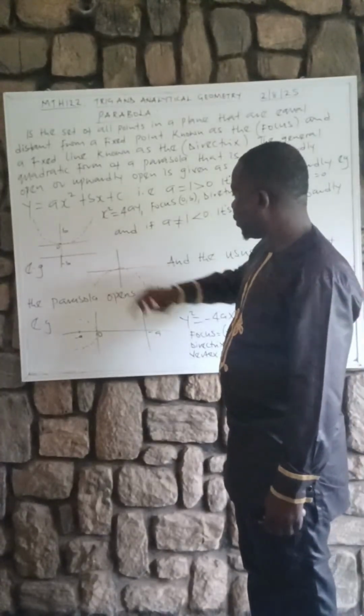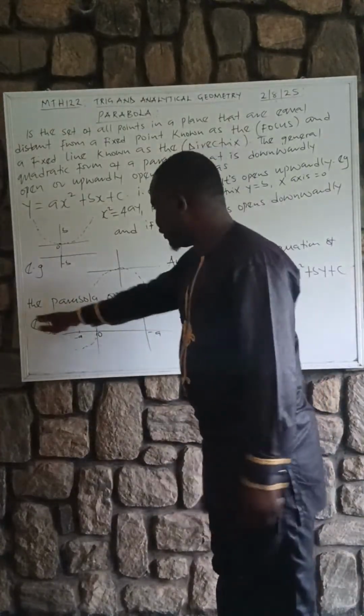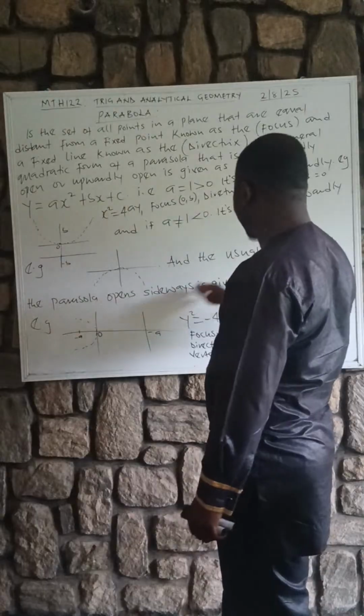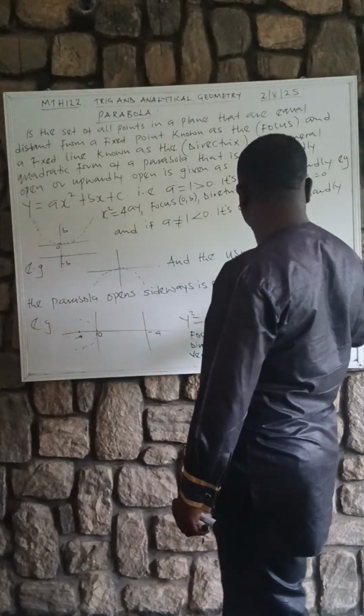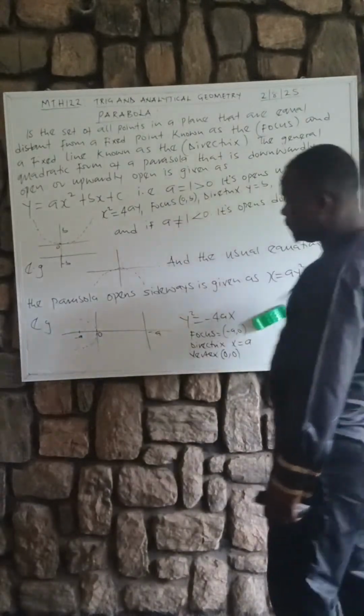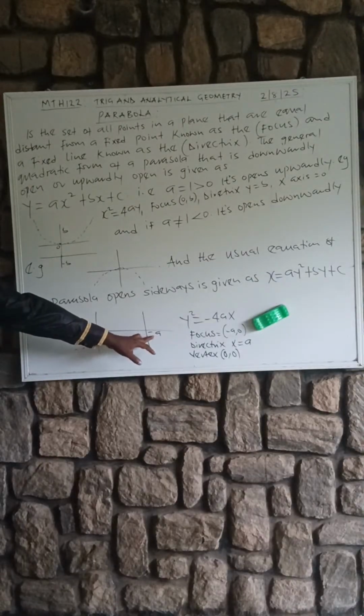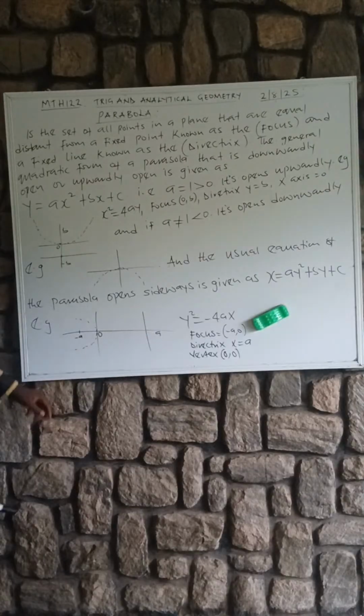Is that clear? The usual equation of the parabola that opens sideways is given as x equals ay squared plus by plus c. Can you see the parabola is sideways, as you can see, from 0 to plus a, then minus a.